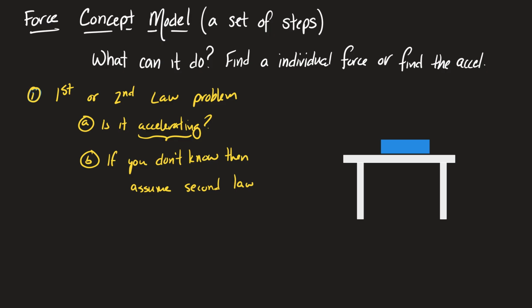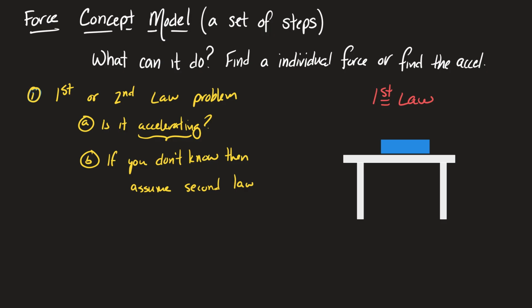These are all reasonable questions, but if you don't know, then you have to assume it's a second law and then prove whether it's a first law. But I think we can answer this question for the box. Is the box accelerating or not? No. So this is going to be a first law problem. So that makes a decision about how we proceed from this point forward.